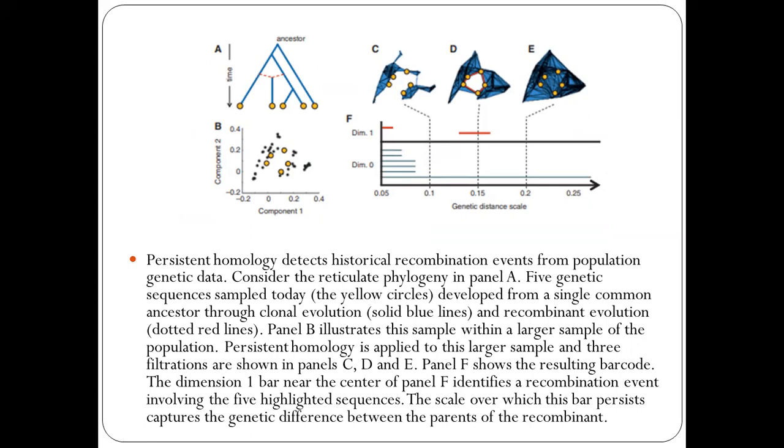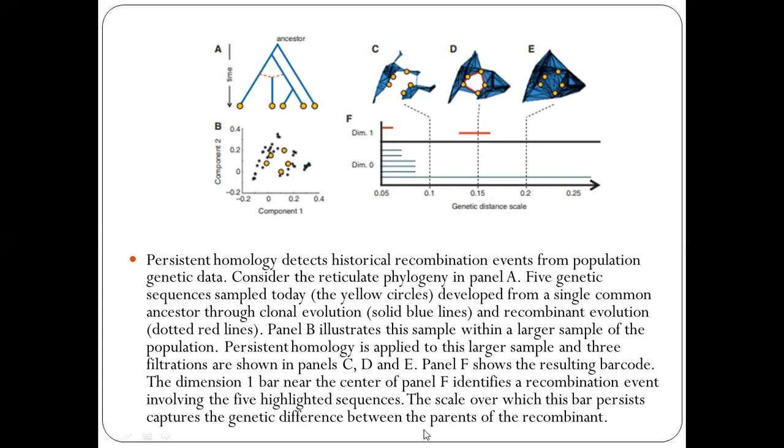In figure A there are 5 genetic sequences sampled today, represented by yellow circles, developed from a single common ancestor through clonal evolution. The solid blue lines represent the clonal evolution, and recombination is represented by the red dotted lines.